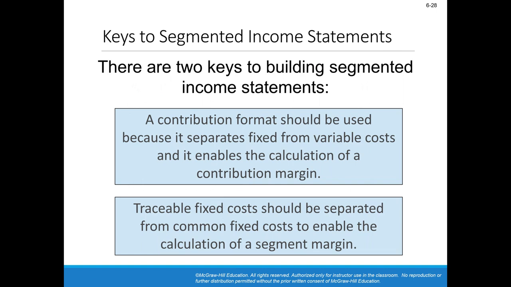There are two keys to building segmented income statements. A contribution format should be used because it separates fixed from variable costs, and we're able to look at the contribution margin. And we need to look at traceable fixed costs, so fixed costs that we know apply to that particular segment.